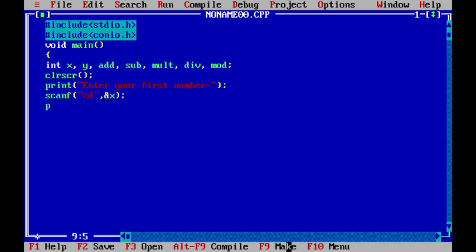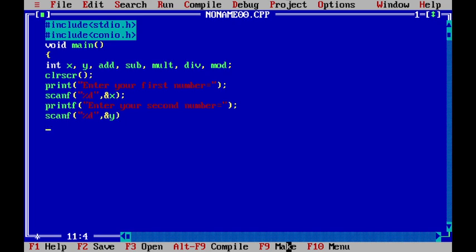Similarly, we want to enter printf "Enter your second number", then we read the second number by using scanf %d and y.